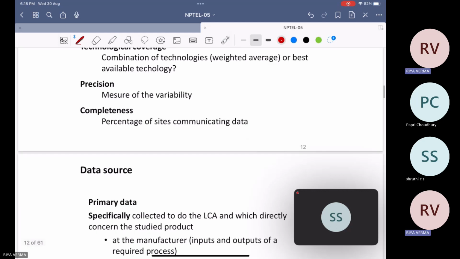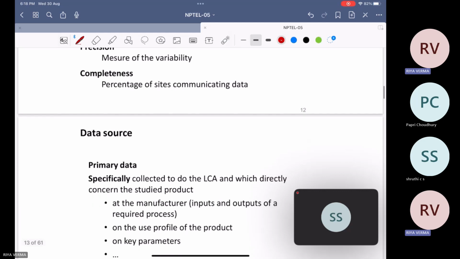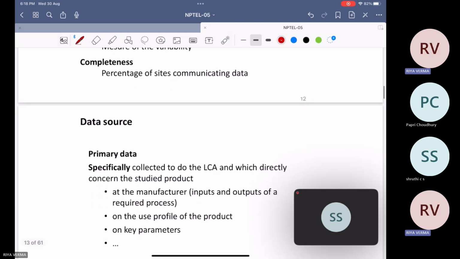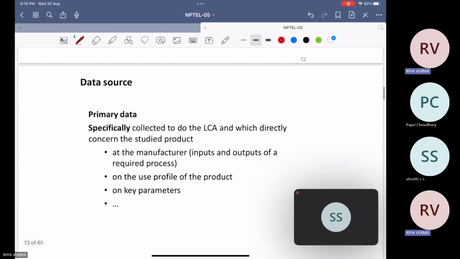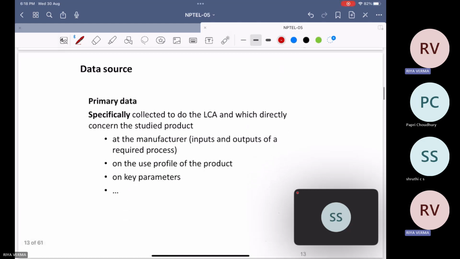Then we have two types of data sources. First is your primary data, and second we have secondary data. Primary data is the data that we collect on our own, or the data that is directly concerned with the studied product. So this is the most useful data that we have.